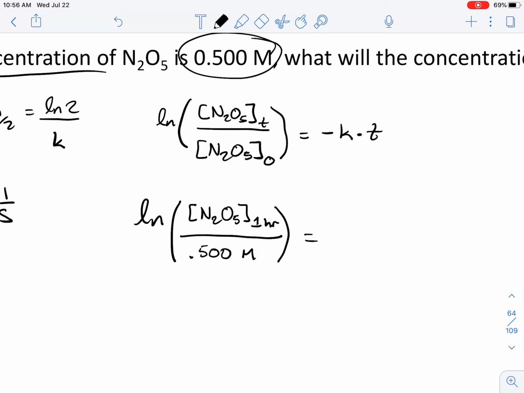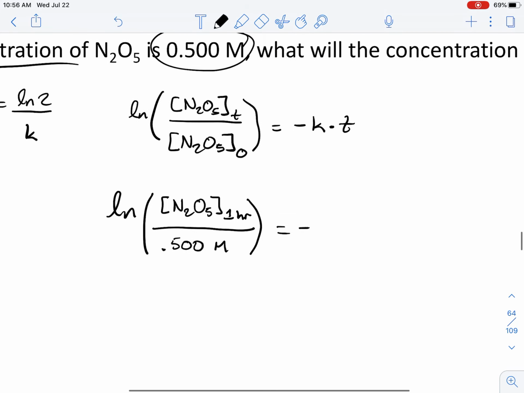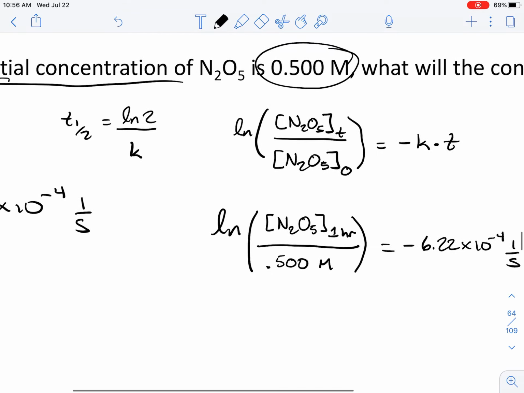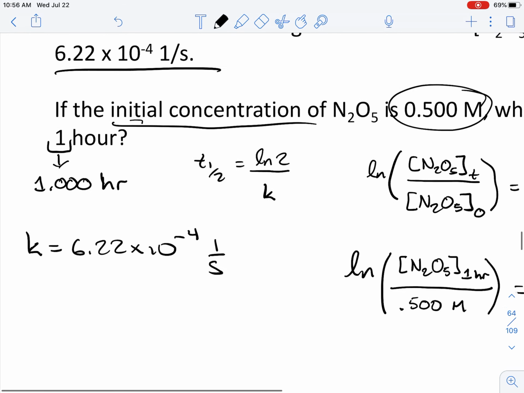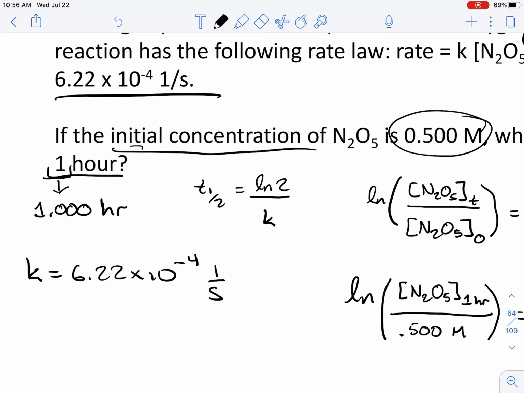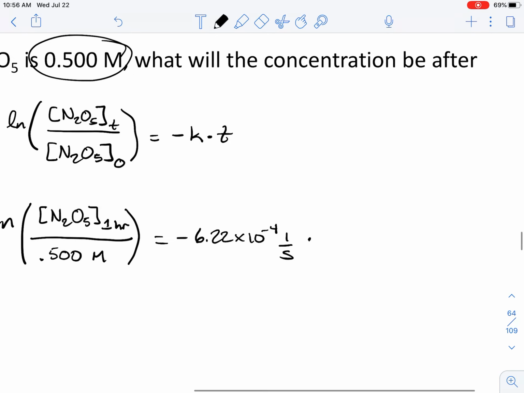And that's going to equal negative K. So that's going to be the 6.22 times 10 to the negative 4. And the unit is 1 per second. And the T, or time in this case, is going to be 1 hour. And so I've kind of expanded 1 hour to 1.000 for sig figs. And so I'm just going to go ahead and multiply this by 1.000 hour.